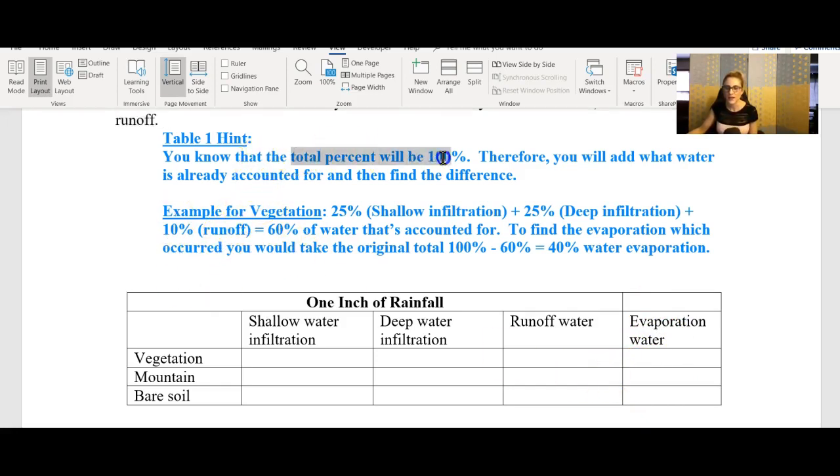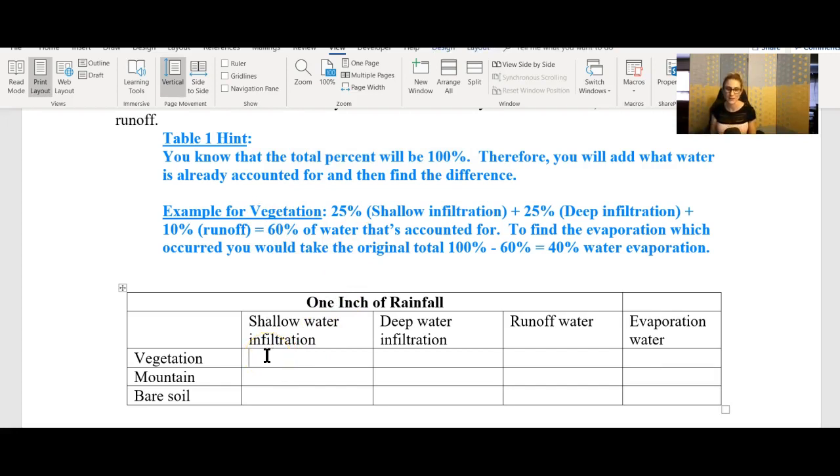We know that anything that's a total percent is 100%. Percent means out of 100, so anything that adds up has to add up to 100%. This is just an example, these aren't the real numbers you're going to see in your virtual lab.